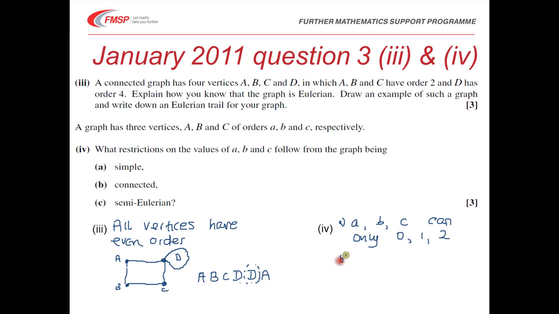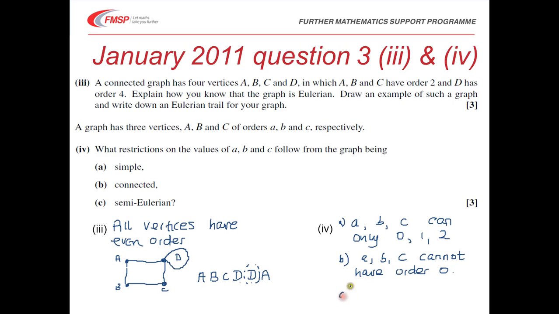And then in part B, it says what restrictions are there to make it a connected graph. Remember, if it's connected, then none of them can have order 0. So a, b, and c cannot have order 0, because otherwise they wouldn't be connected.